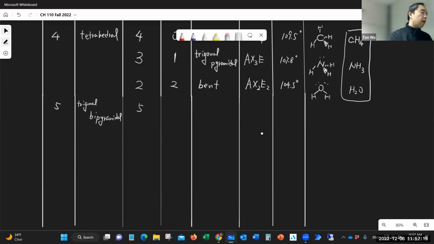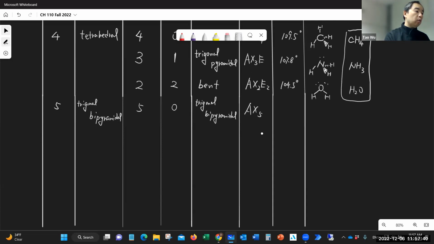If we have 5 bonding domains and no lone pairs, it's exactly the same, just trigonal bipyramidal. Then we just write AX5. They have 5 atoms around it, AX5.